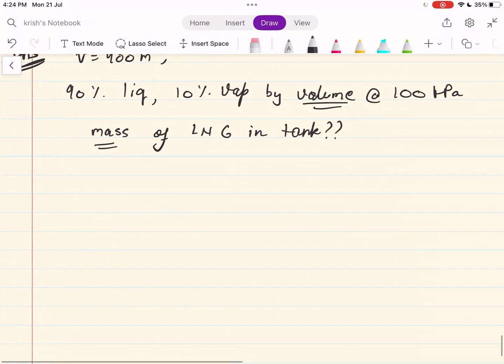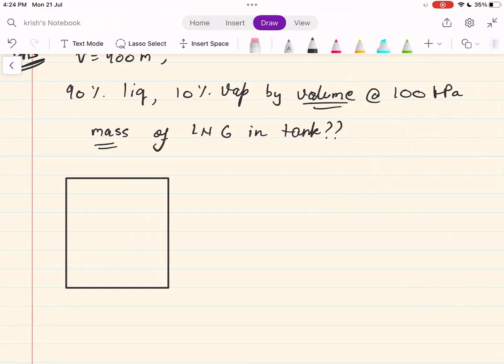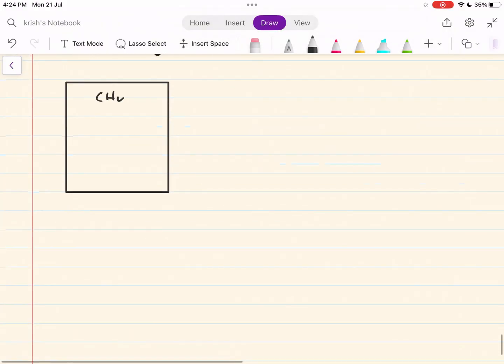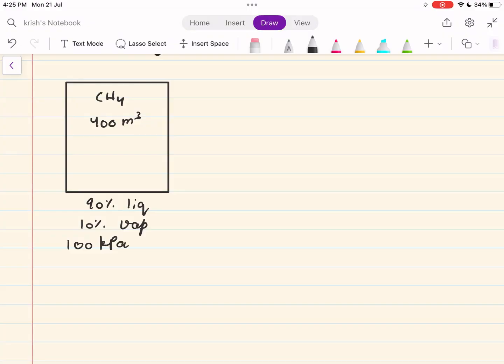So let us just draw the diagram to get some clarity on what is going on. We have CH4 here, and this is 400 meter cube. This is 90% liquid and 10% vapor at 100 kilopascals.